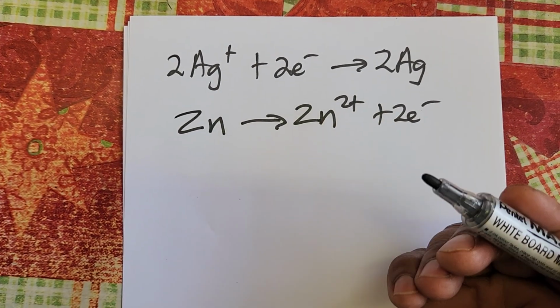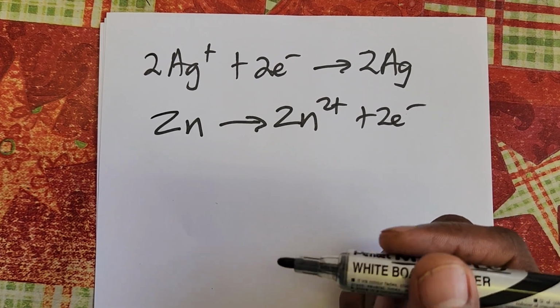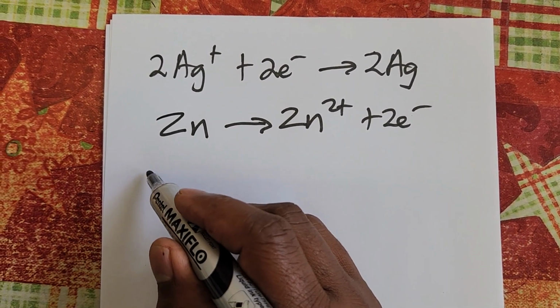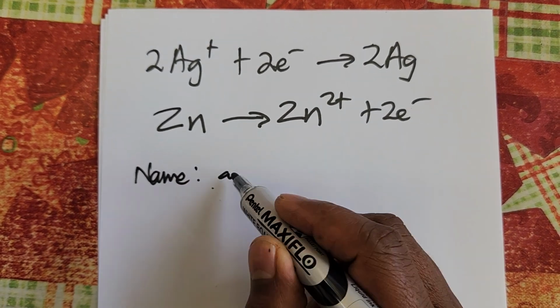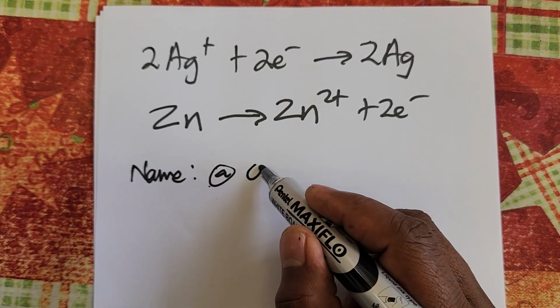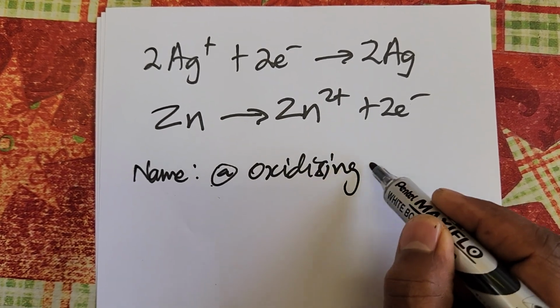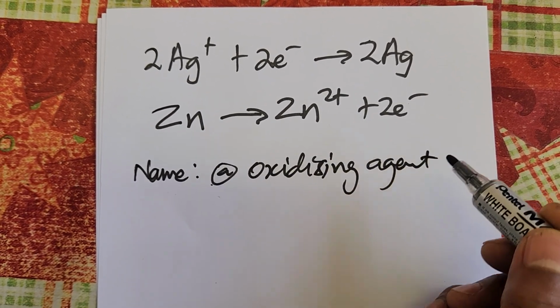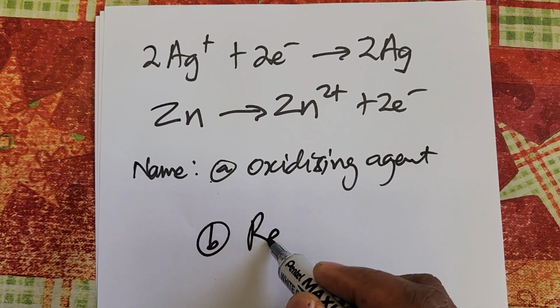What can come up in this section is where they ask learners to name number 1, the oxidizing agent, and number 2, the reducing agent.